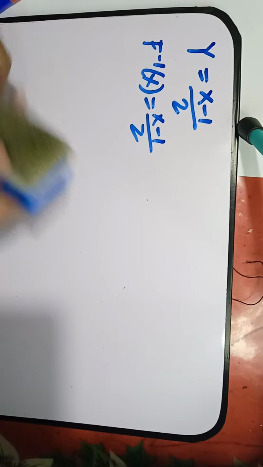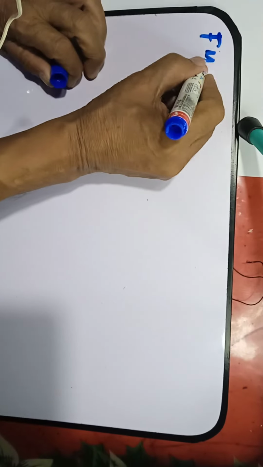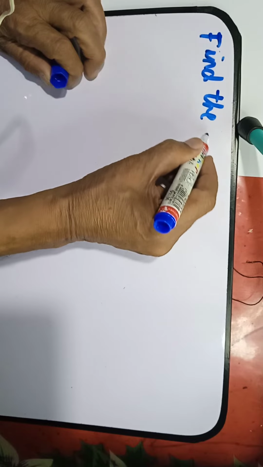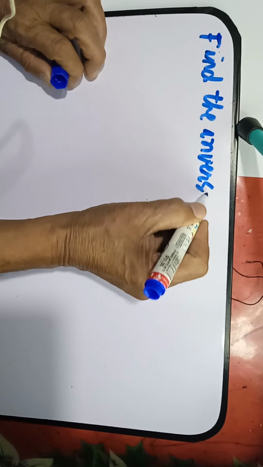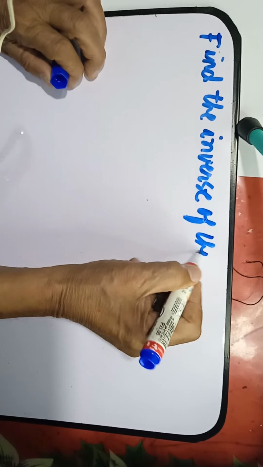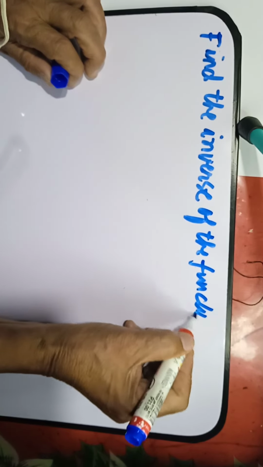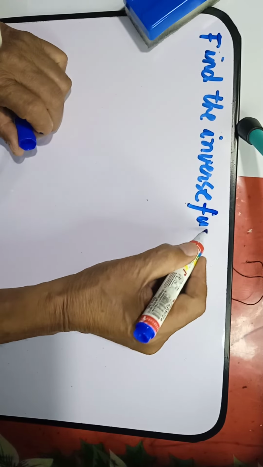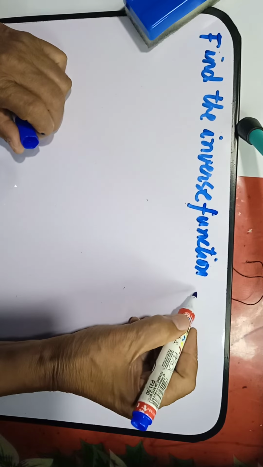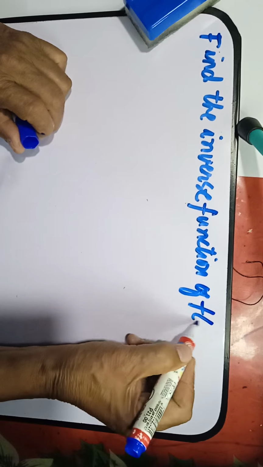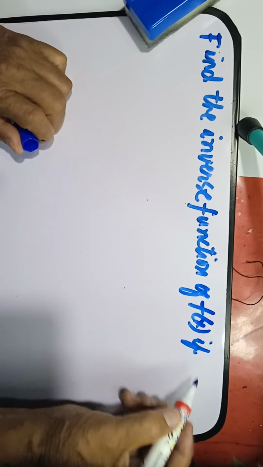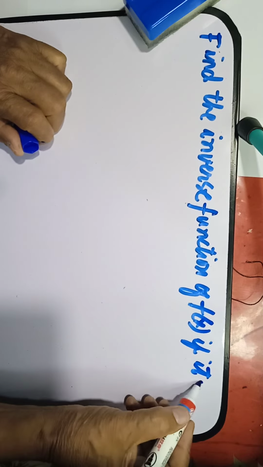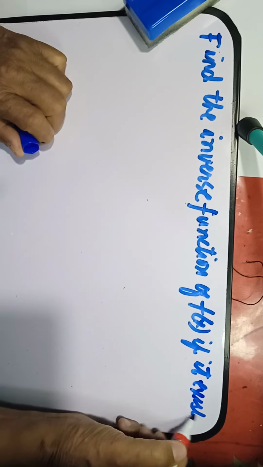Okay. Example. Find the inverse function of the function if it exists.